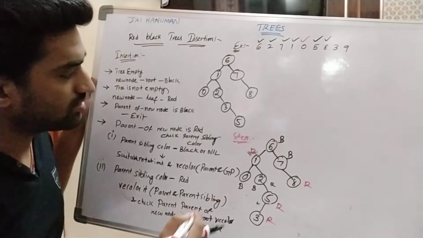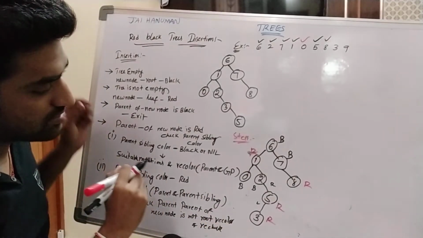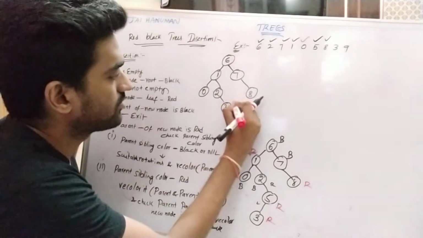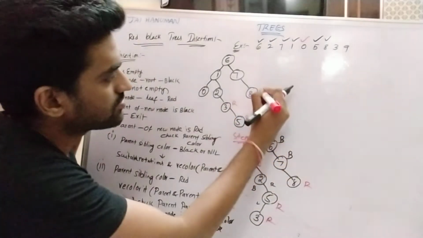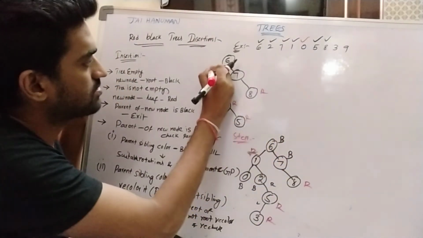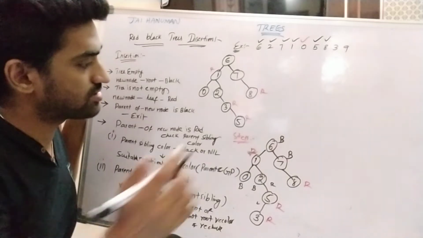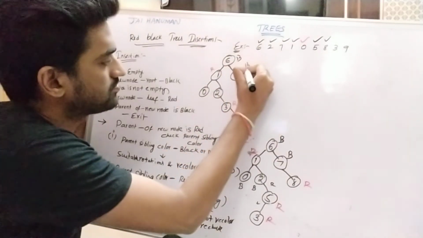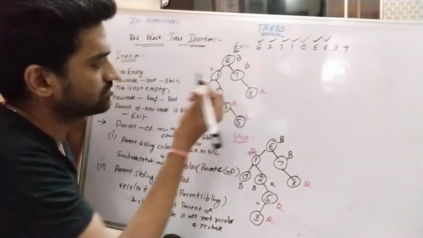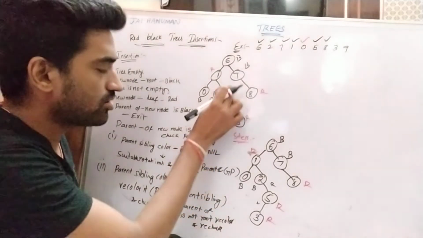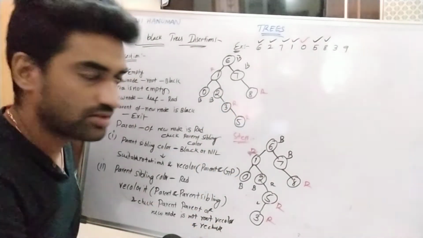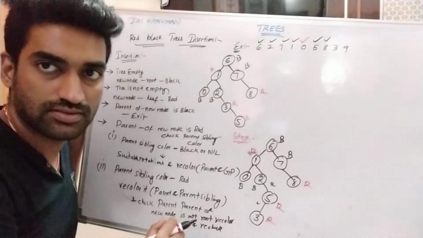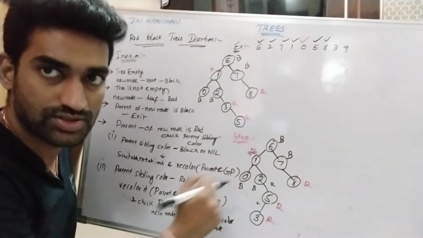Right. So here I am labeling all the colors. 5 and 3 are red. 8 is also red. 1 is also red. The remaining nodes are black. Now this is the second step of the RL rotation, moving towards the left.